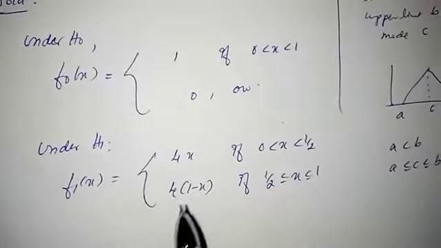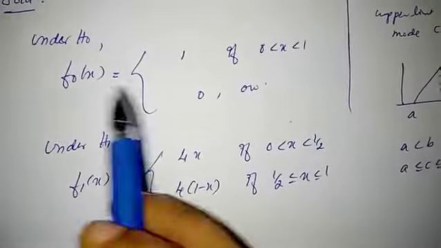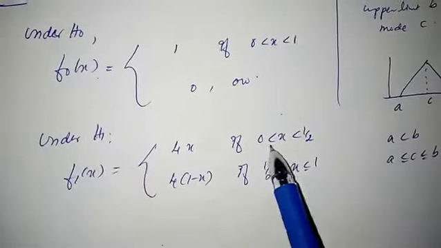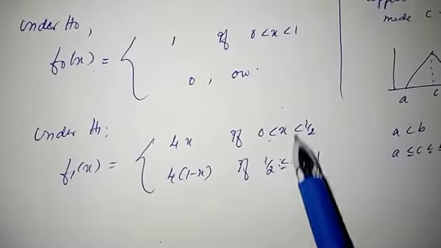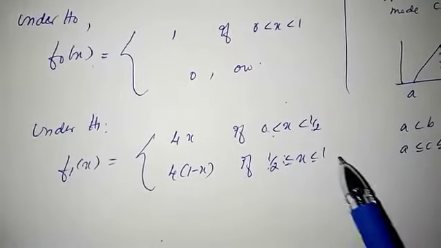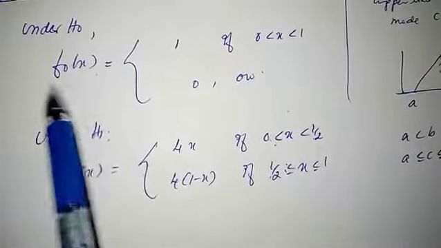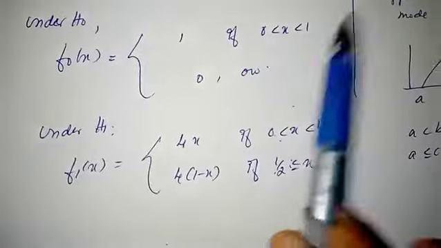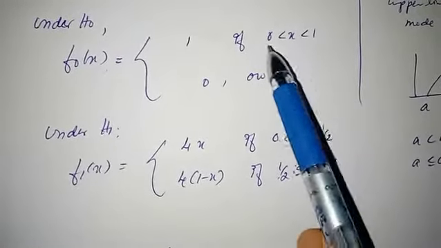Here we need to take the ratio f1(x) divided by f0(x). But here the x limits are changed: here 0 to 1, here 0 to 1/2 and 1/2 to 1. For that we have to make some changes, we can split the range.